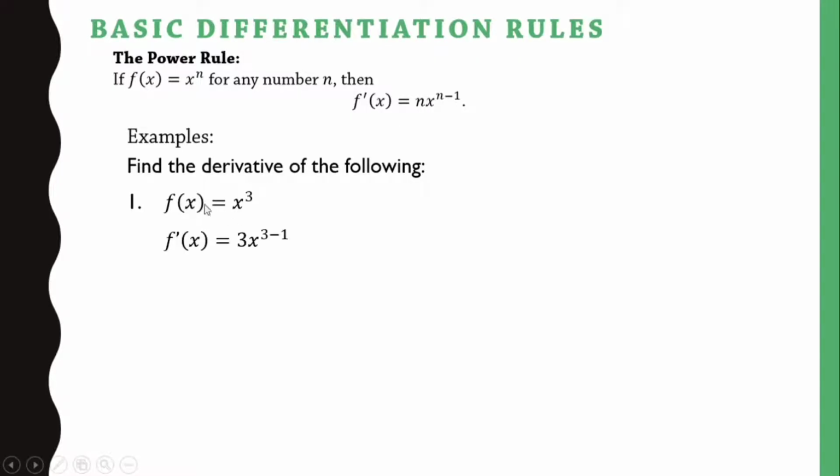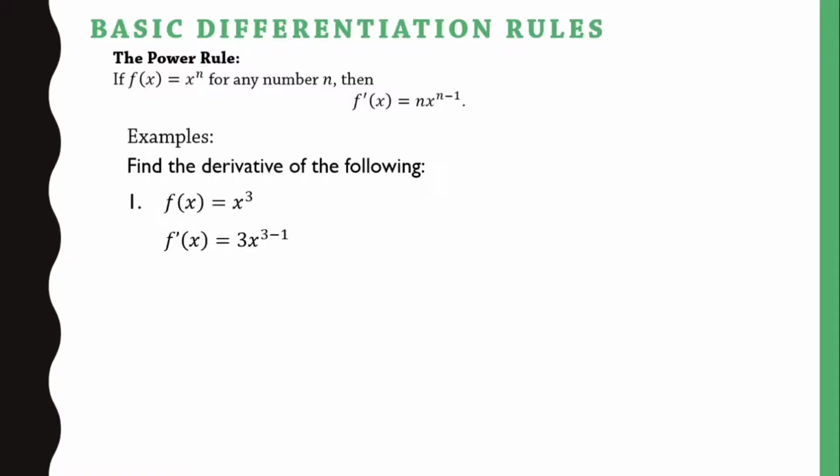So, f of x equals x cubed will have the derivative: take 3, make it the numerical coefficient, then we have x raised to 3 minus 1. So f prime of x is equal to 3x raised to 3 minus 1.